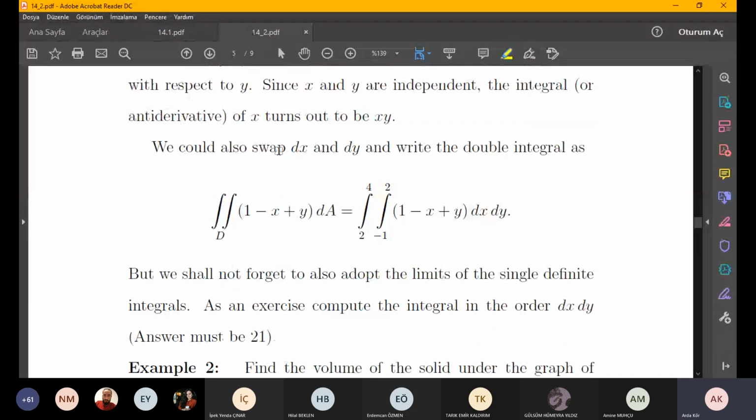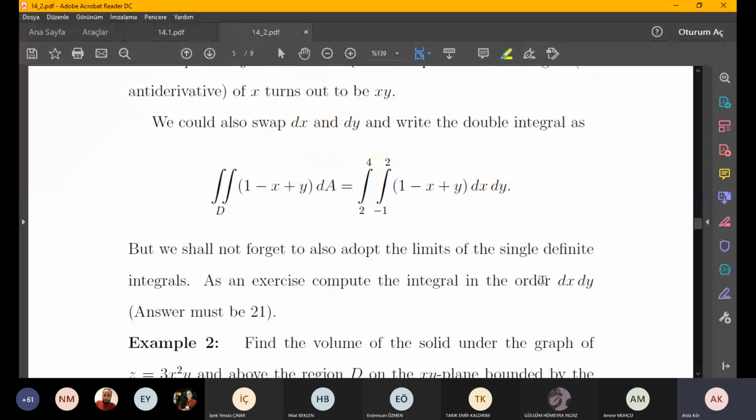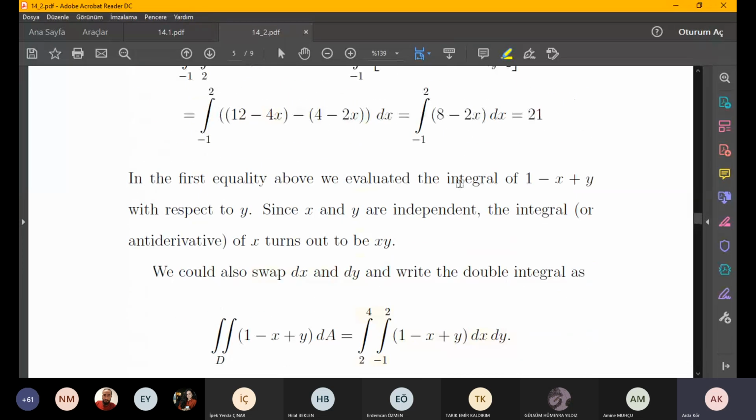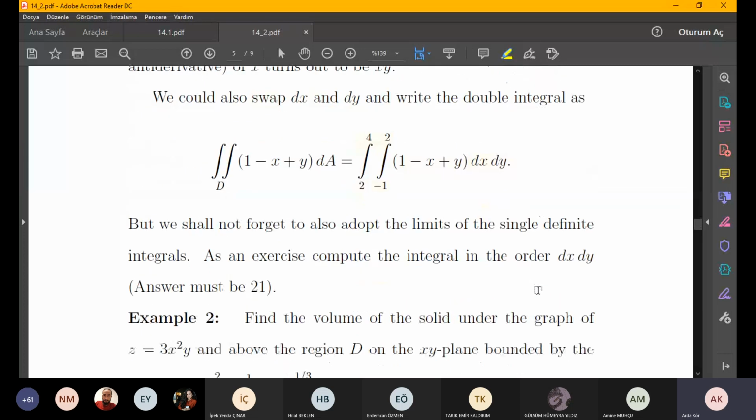And if we just swap dx and dy, or change the order, we can write the double integral, since it is an x and y simple domain, in that way. After the computation, you can see that it has to be equal to 21 again.